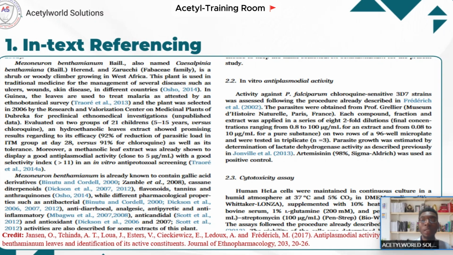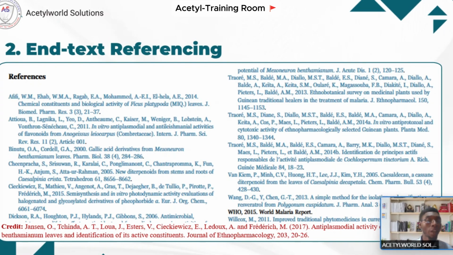So those are in-text references, also known as in-text citations. And the second one is the end-text citation or end-text references. This is a full reference included in a bibliography or reference list at the end of your document. As you can see, the list of references involved.